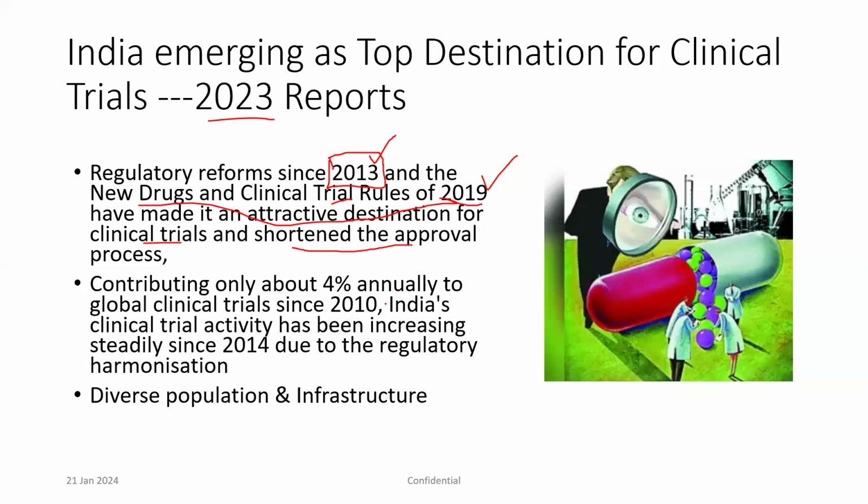We were contributing only 4%, and the India story was so bad. We have been contributing only 4% since 2010, but now, because of regulation harmonization, the number of trials happening in India is higher, and of course outsourcing is always there. And India is emerging as a top destination because of its diverse population and infrastructure. One is regulation, of course.